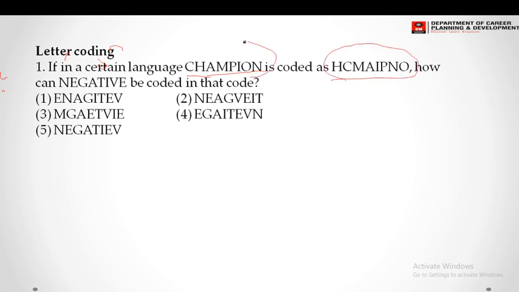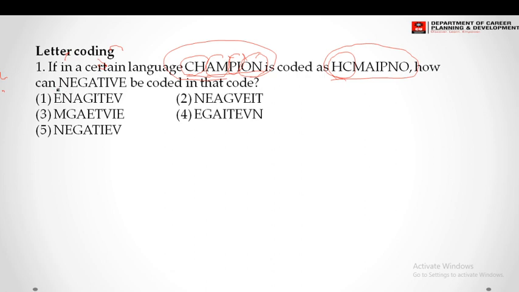So always remember, first find the logic. The logic is CH is written as HC. So they are interchanged in pairs. Then AM becomes MA, then PI becomes IP, then ON becomes NO. So this is interchange in the form of pairs.